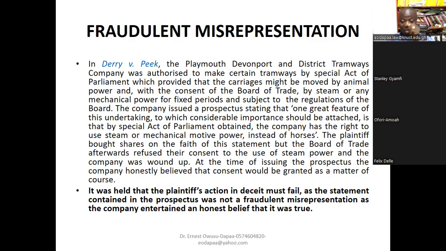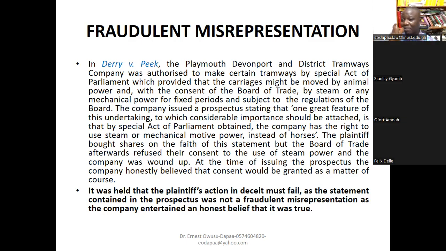In the prospectus, they stated that, quote, one great feature of this undertaking, to which considerable importance should be attached, is that by special Act of Parliament obtained, the company has a right to use steam or mechanical motive power instead of horses.